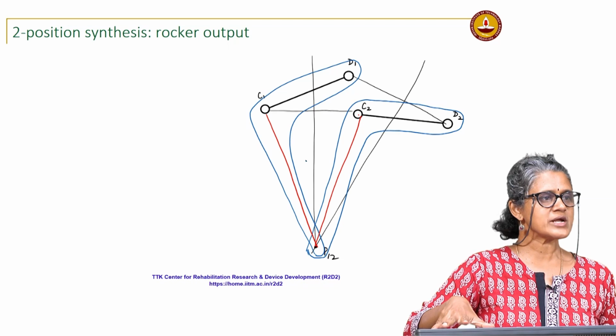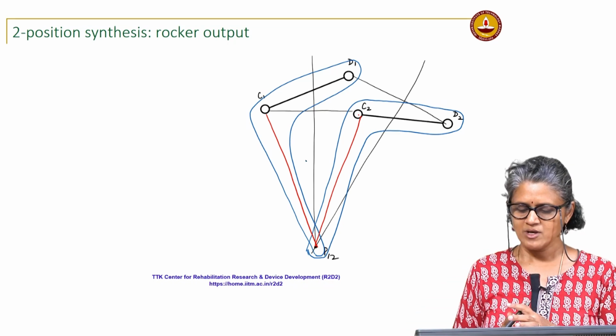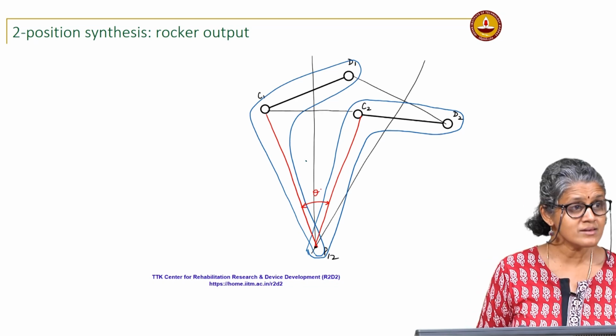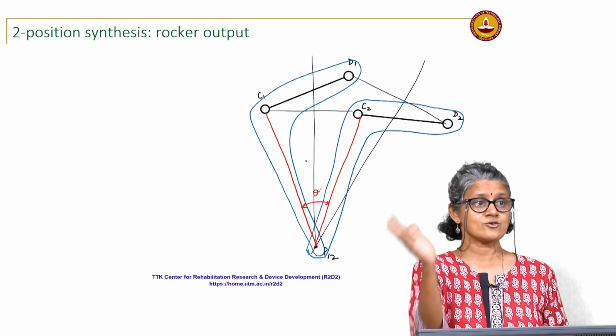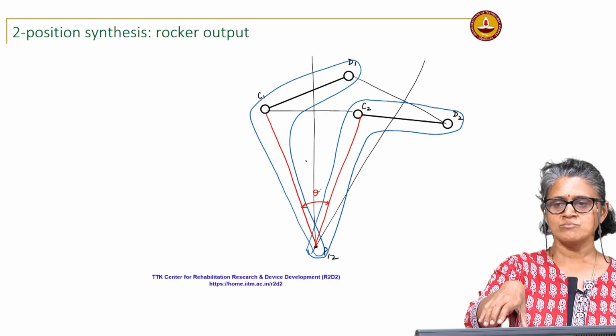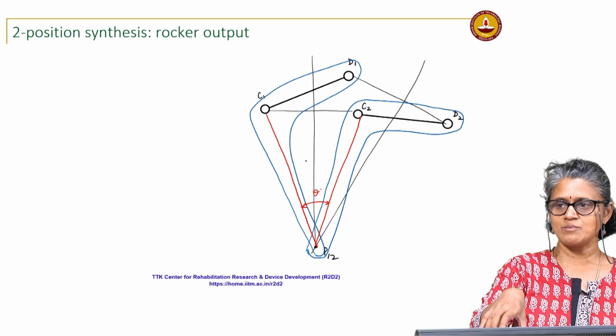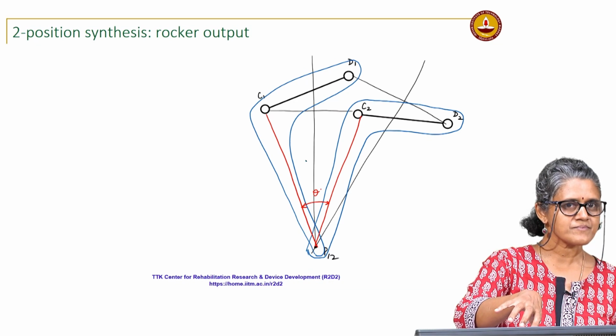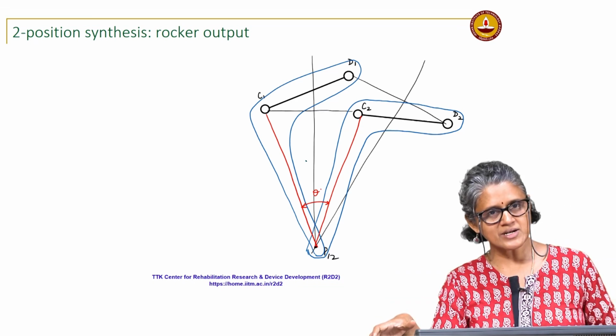So, everything will rotate by the same amount. If I am able to rotate this through this angle and limit that rotation to that, then I can move this rigid body. So, essentially I will move C1 D1 to C2 D2 and back, and now I have also limited the motion.